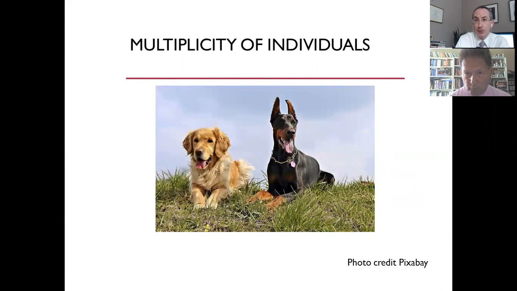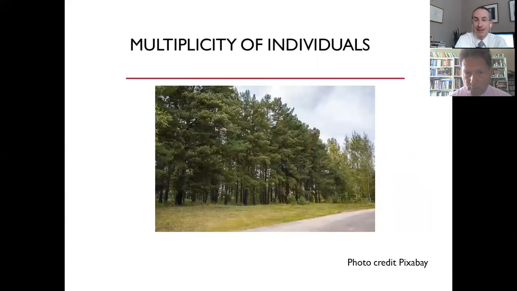So we see it in animals. We'll say that it's dog and dog, right? So Fido and Rover, each is distinct, but they're also the same. They're both dogs, right? We see it in even less developed forms, like trees. So we see a pine forest.